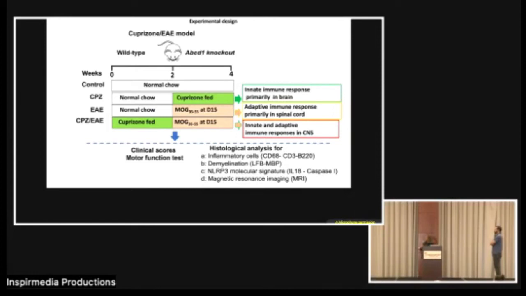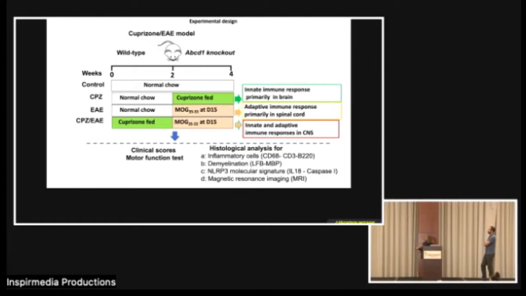So we mixed these two models. We give the mice cuprizone for 2 weeks, then inject MAG, which is a part of the myelin protein. And then after that, we collect the tissue. Here we activate innate and adaptive immune responses in the body and in the brain. Then we look at the clinical score, the behavior, and we look at histology.